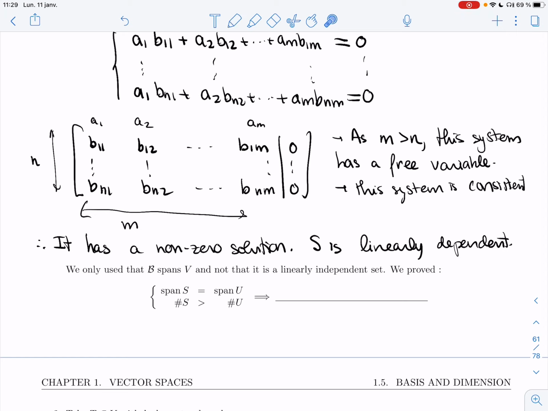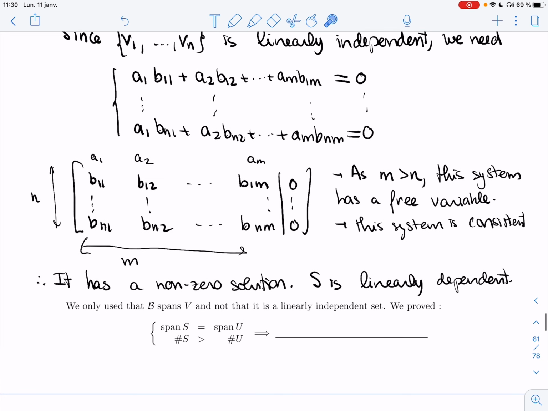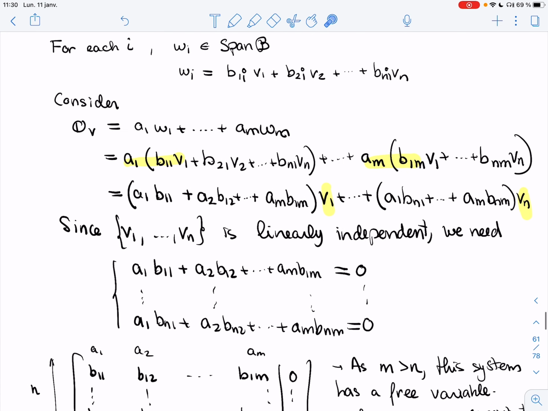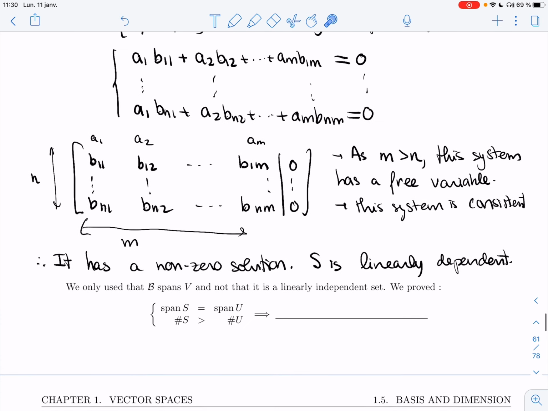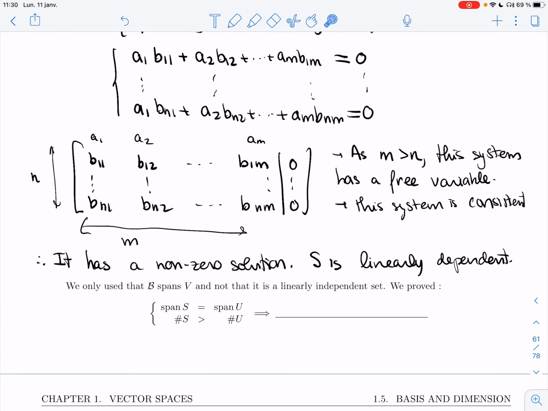All right, so notice that nowhere in this proof are we using the fact that B is a basis. We only need that we could write the elements of W in it. So really, we prove that if span of S is equal to span of U, so U is here to replace B. I don't want to use B because B is for basis, so it does hint at something more specific.